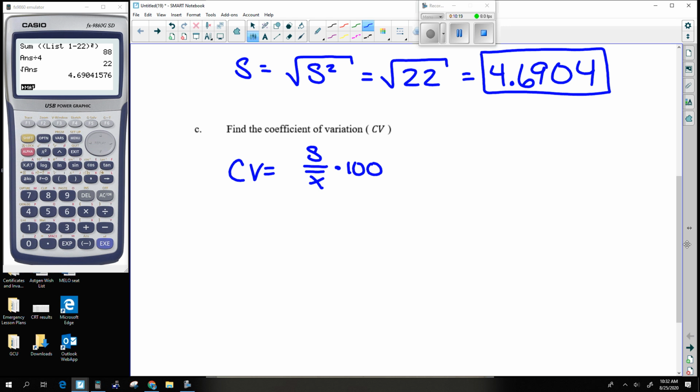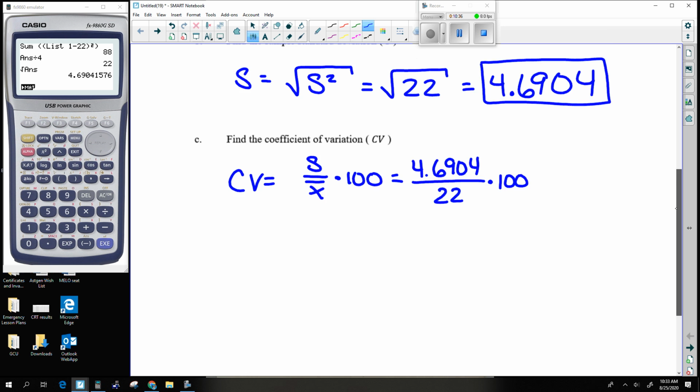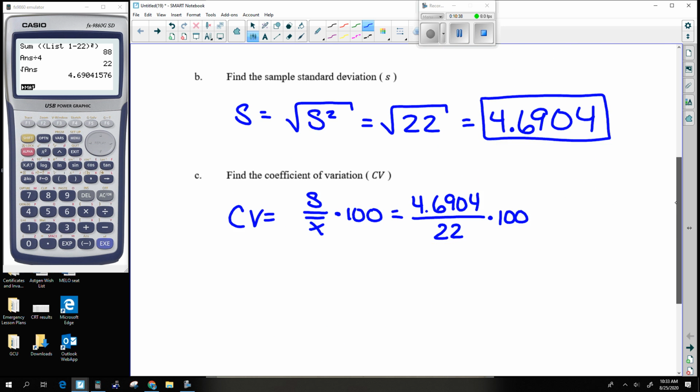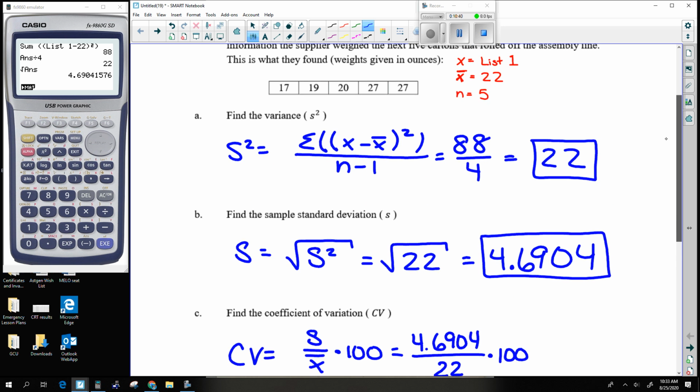So that's S. Coefficient of variation is going to be S divided by X bar times 100. So that's going to be 4.6904 divided by X bar, which I believe was 22, times 100. X bar was 22, yeah.